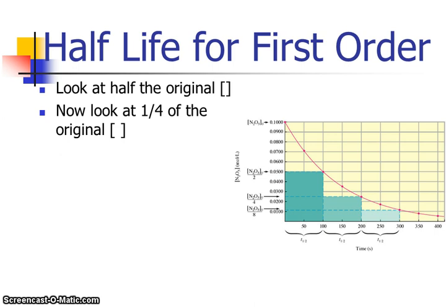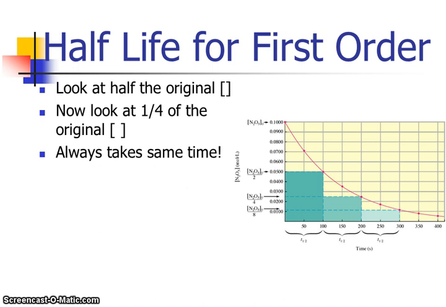Now, let's look at going to a quarter of our original concentration. So if we start with 0.0500 and we go down to 0.0250, again, we're going to notice that that takes 100 seconds. And if we cut it in half again, that would take 100 seconds as well.